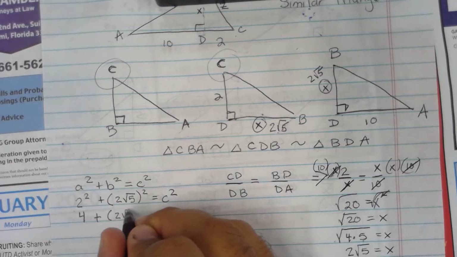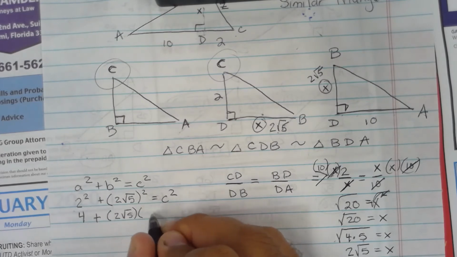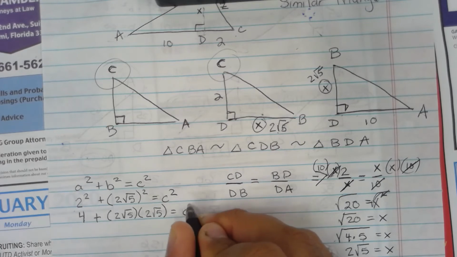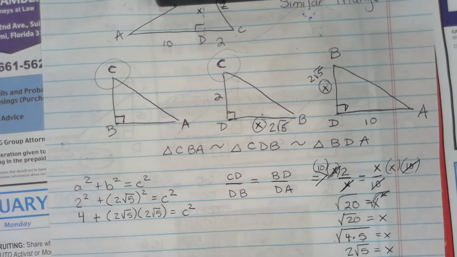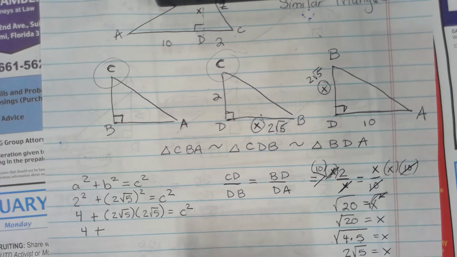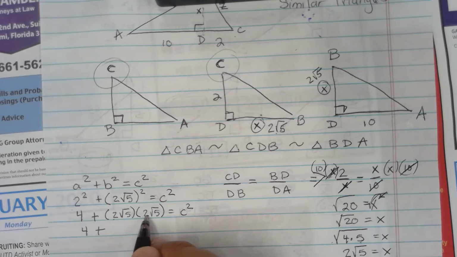This is 2 square root of 5 times 2 square root of 5 is equal to what? C squared. If we take a look at this, this is 4 plus, what's 2 times 2? 4. What is square root of 5 times square root of 5? Just 5.